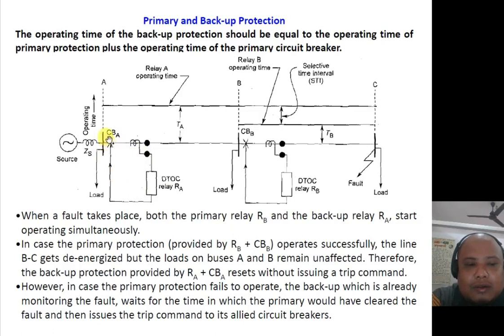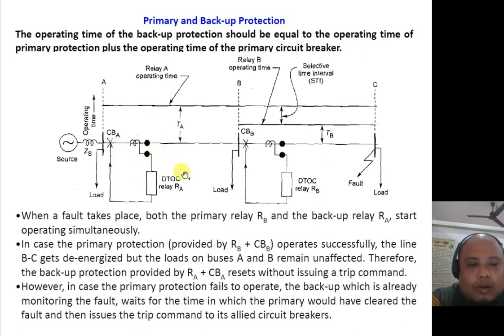In this scenario, you can see that although the fault is not in this line section, it is still disconnecting the line at this location. So a larger portion of the power system is disconnected when the backup system operates. This is the disadvantage. If primary operates successfully, only the faulty section is disconnected. But if primary protection fails, then secondary will come into action and it will disconnect a larger portion of the power system. Correct?